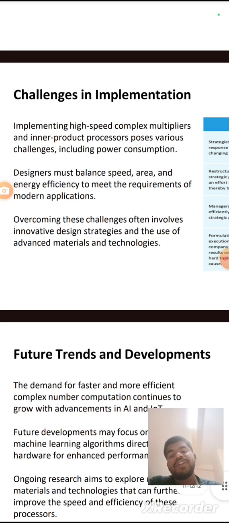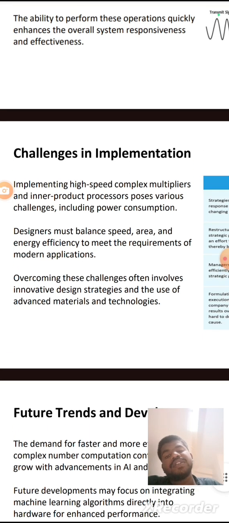Challenges in implementing high-speed complex multipliers and the inner product processor include power consumption. Designers must also balance speed, area, and energy efficiency to meet the requirements.